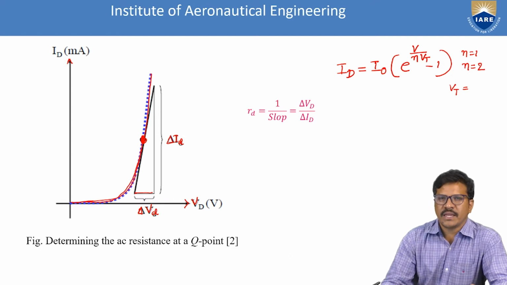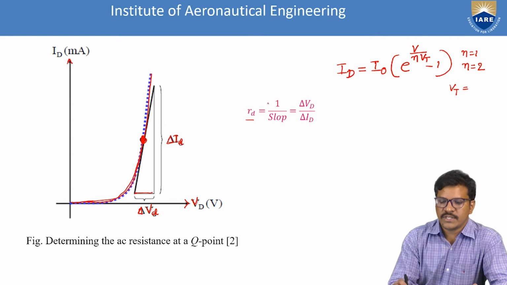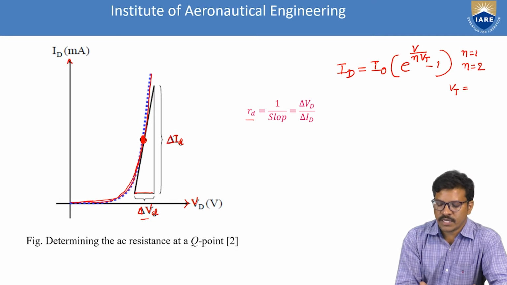And what is the dynamic resistance here? Small rd is equal to the reciprocal of the slope. That slope is nothing but dy by dx; here it is dId by dVd. The y-axis change is delta Id and the x-axis change is delta Vd. So the slope is delta Id by delta Vd, but dynamic resistance is the reciprocal of the slope.